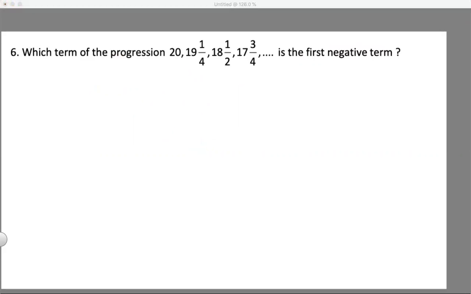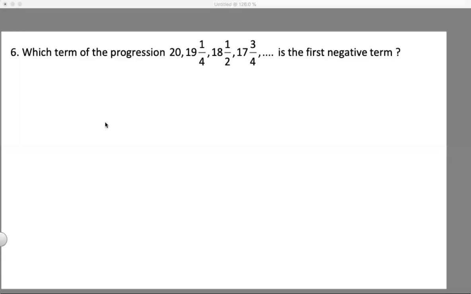Yeah, let's do this. Which term of the progression, there's a progression given which is reducing by 3/4 every time, right? It's reducing by 3/4. Is the first negative term. How will we find that? A plus n minus 1 into D is greater than 0.